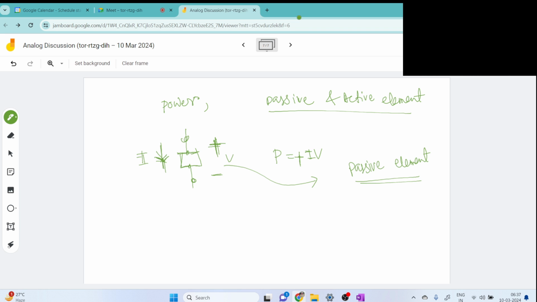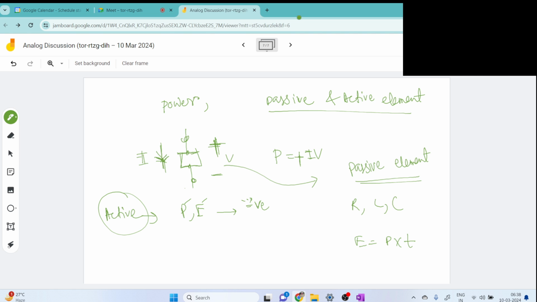We know that R, L, C are passive elements, right? For an active element, the power and the energy both are negative. If we model the element like this, energy is nothing but power into time, and if both of these quantities become negative, then the element is an active element.